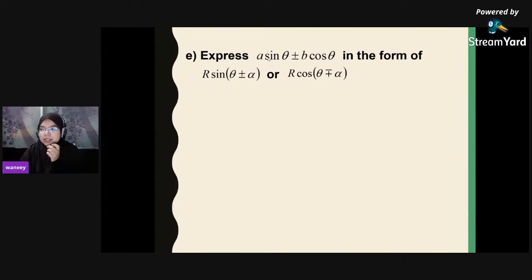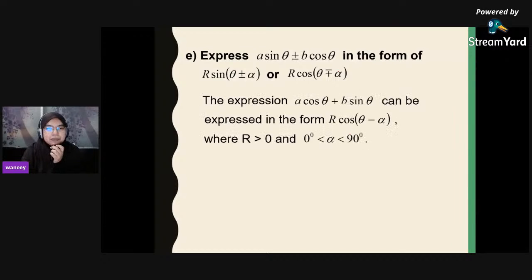Okay, so now let us go to the first learning outcome. Express A sine theta plus minus B cos theta in the form of R sine theta plus minus alpha or R cos theta minus plus alpha.